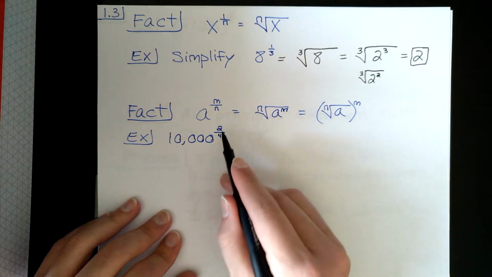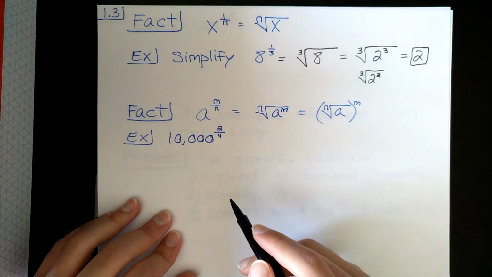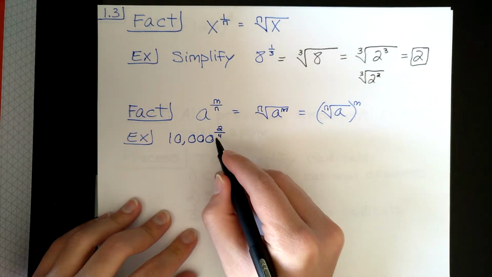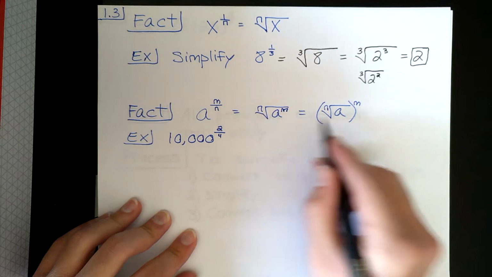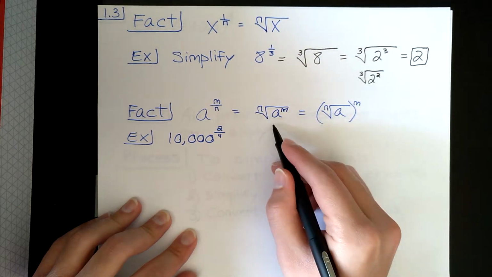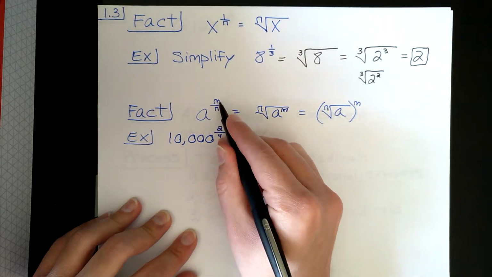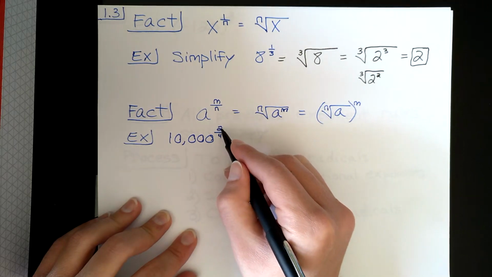We have 10,000 to the 2/4 power. The first thing we're going to do is to decide which of these two cases we want to use here, because we have an exponent that does not have a 1 in the numerator.